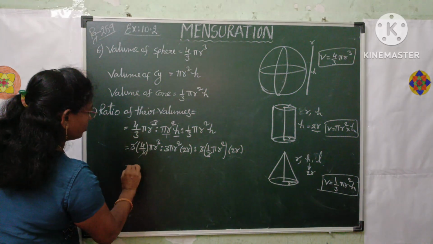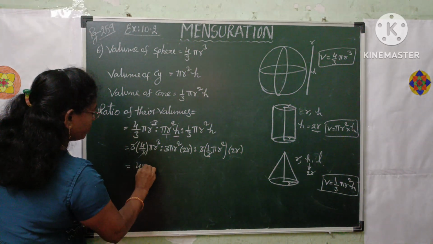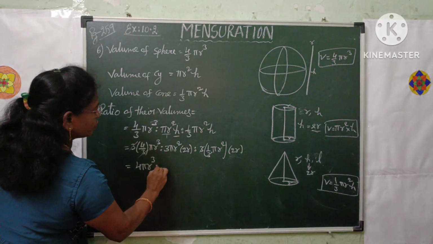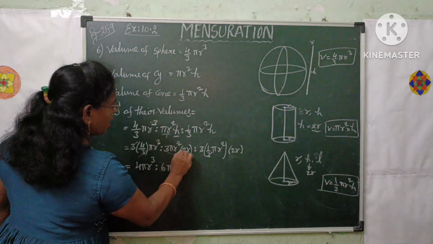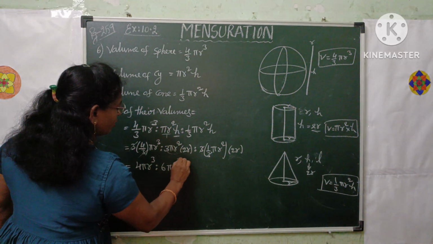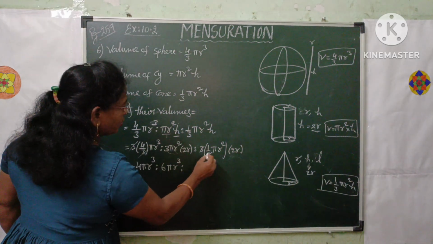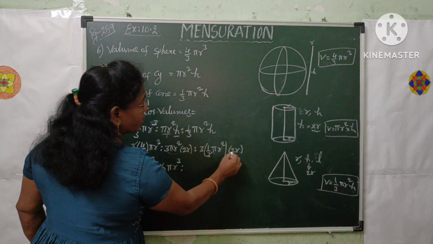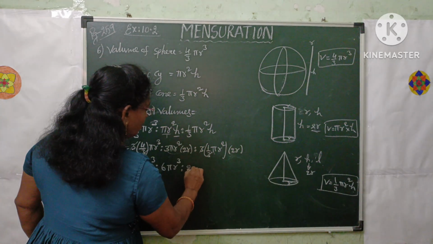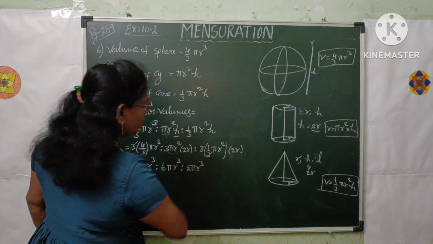That equals 4 pi r cube is to 2 threes are 6 pi r square into r, that is 6 pi r cube, is to here also 2 pi, pi r square into 2r, 2 pi r cube.